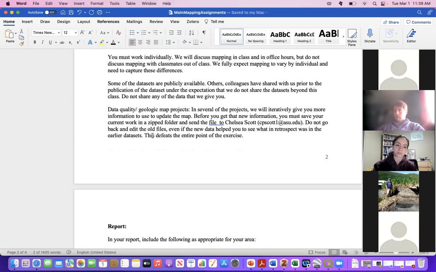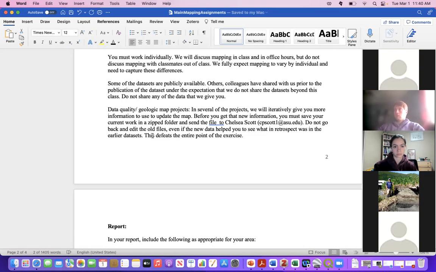For those projects where you're looking at data quality or the impact of a geologic map, once you've finished mapping with one of the data sets, then it's important that you send me all of your mapping work and that then later you don't go back and edit your old files. And this is true even if the newer data helps you to see something that in retrospect was in the earlier data.